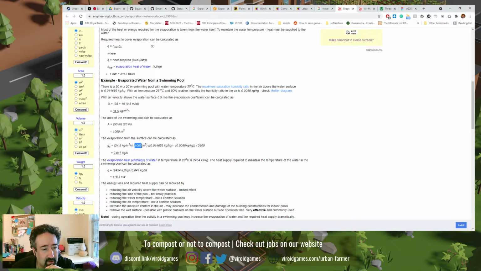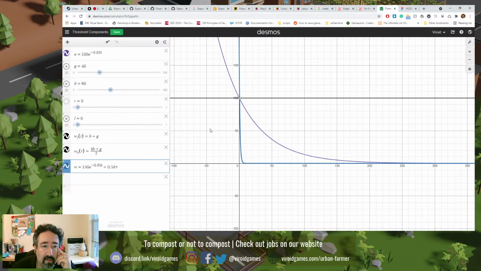So by doing this, 5 square meters, this is that humidity value. So in my case, what I did was, it was still too high.